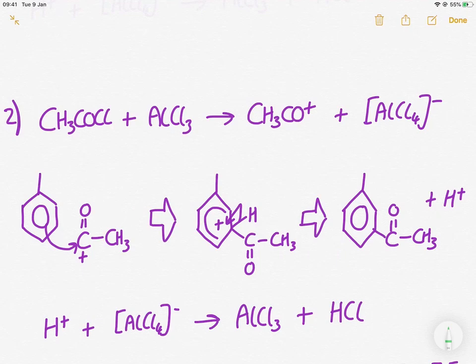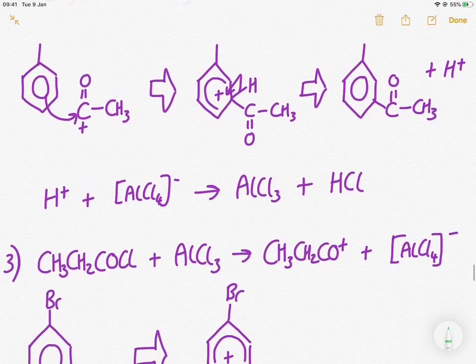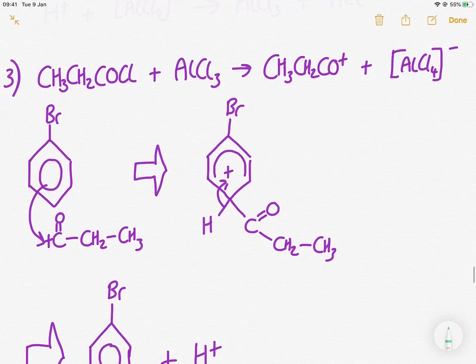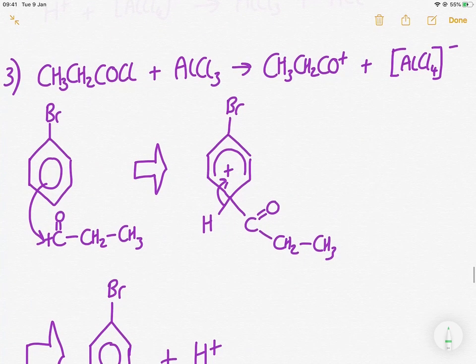So make sure you're happy with that, make sure you're not making silly mistakes. Finally, we've got propanoyl chloride reacting with bromobenzene. Again, position of the acyl group does matter here, okay? And also the equation would be different because it's propanoyl chloride, not ethanoyl chloride.